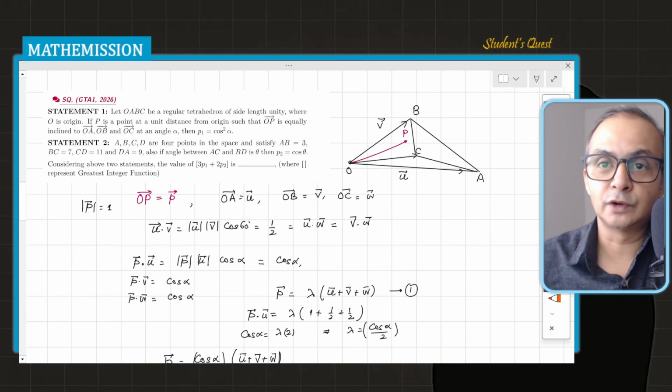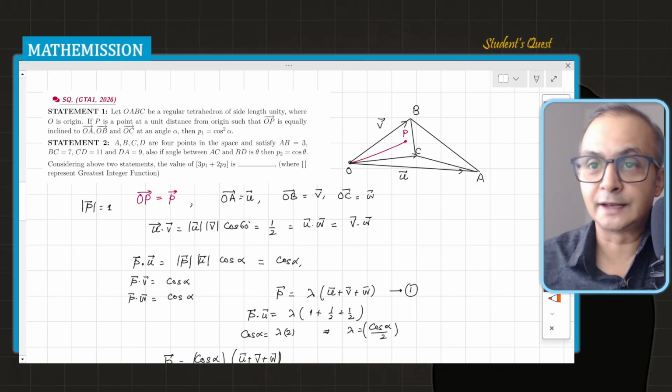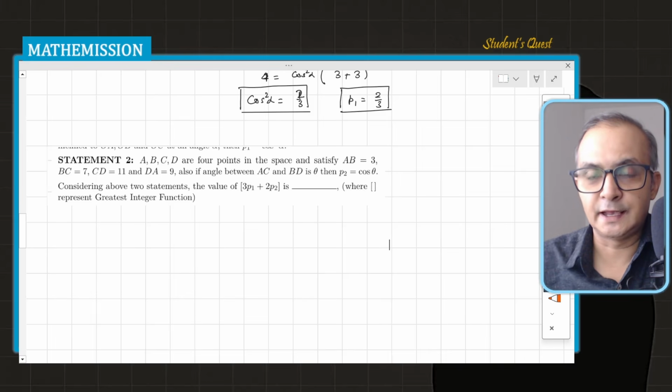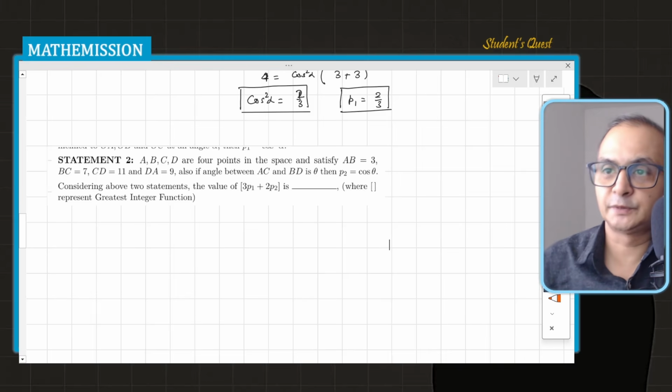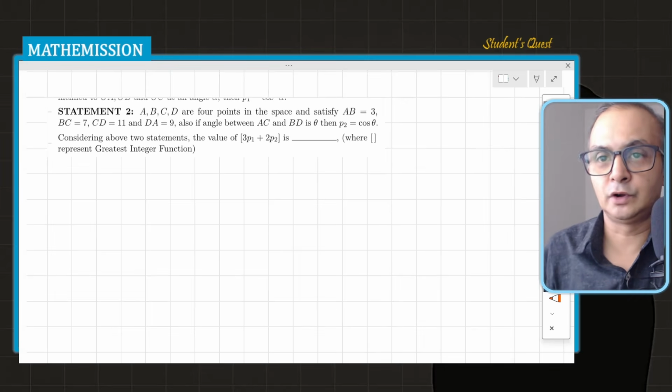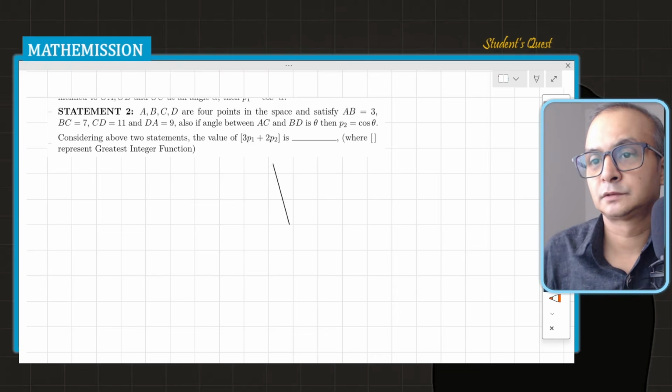Now I'm going to analyze statement number 2 and see what is going to happen. Statement 2 tells A, B, C, D are 4 points in the space and satisfy AB is equal to 3. So let me draw, I think it's a quadrilateral.